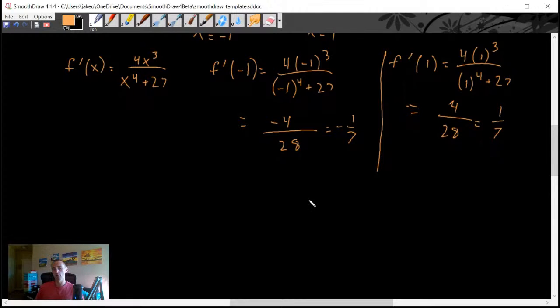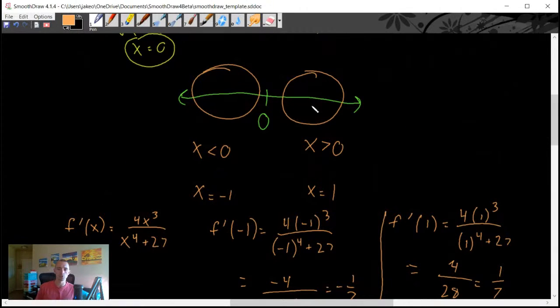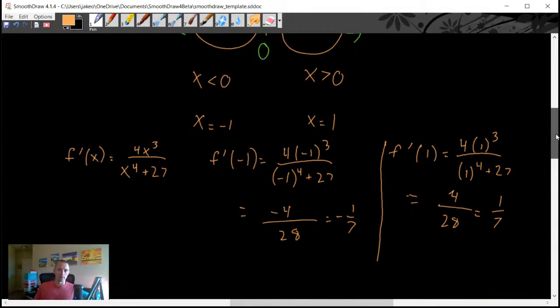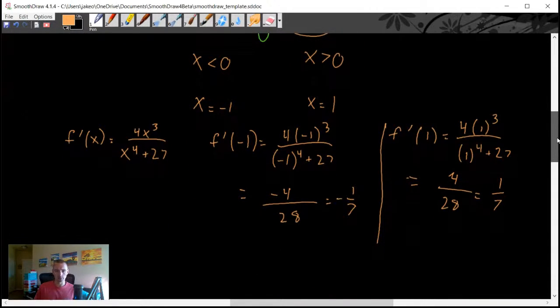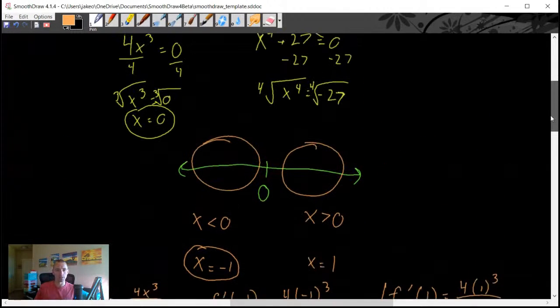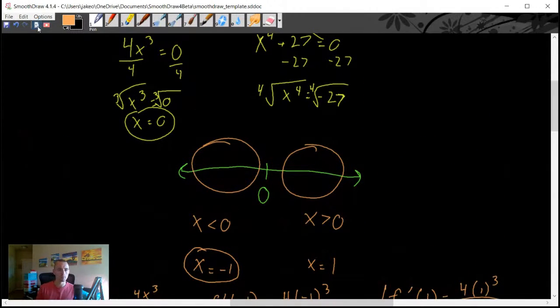But let's carry on. So now that we have plugged in the numbers that we chose to the left and the right of our critical number, what does this tell us? Well, the first derivative test tells us that since f prime is negative at this x value, that means the slope of our original function is negative at that x value, because the derivative of a function always tells you about the slope of the original function at any given point.